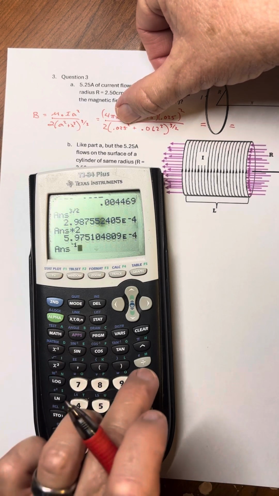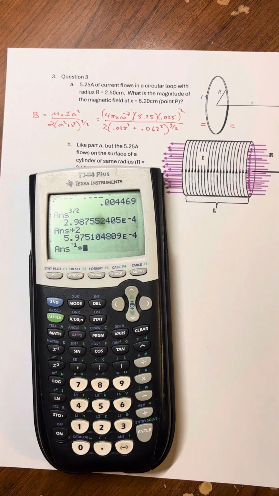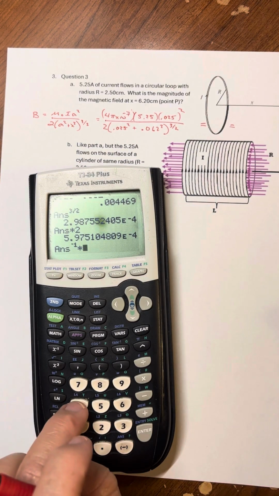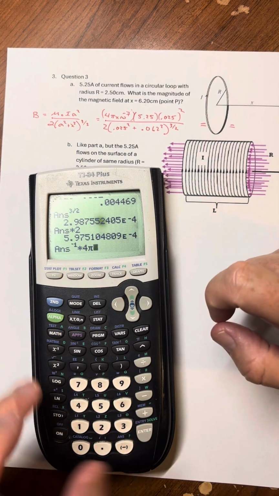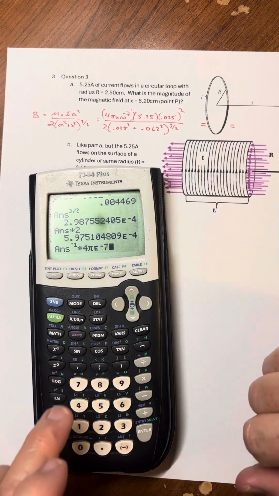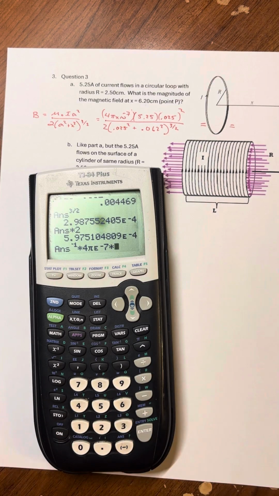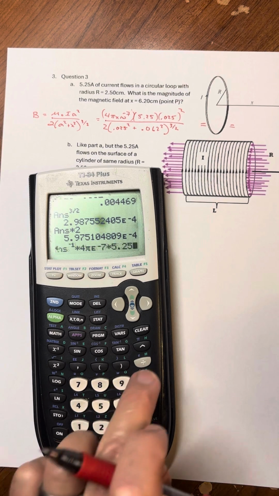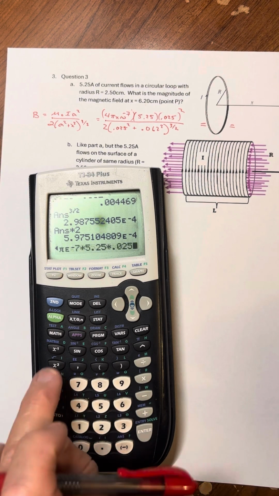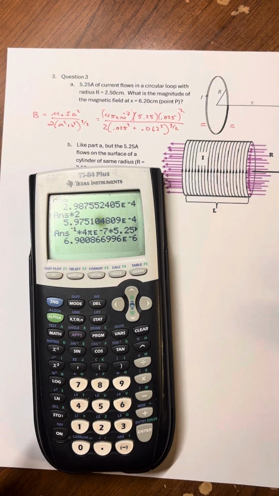Why don't I just hit the reciprocal key and then multiply everything across the numerator: the 4 pi times 10 to the negative 7, then the 5.25, then the 0.025 squared.